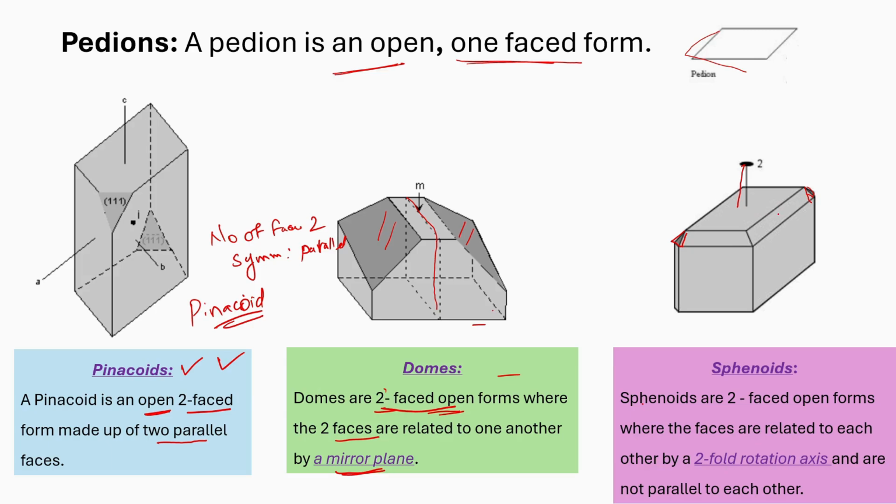Here these two faces are not parallel, whether in a dome or in a sphenoid, whereas in a pinacoid both are parallel. That is a major distinction to understand. If it is related by a mirror plane, then it is called a dome. If it is related by a rotation axis, then it is called a sphenoid. In this way, we are able to distinguish the two-face forms in the crystal.